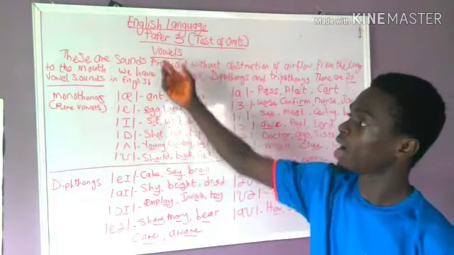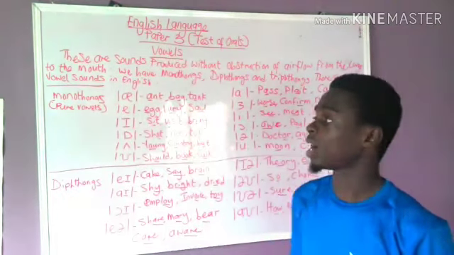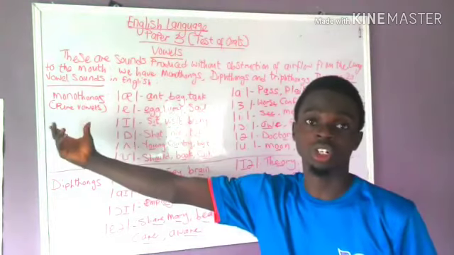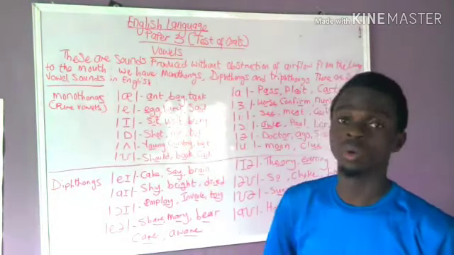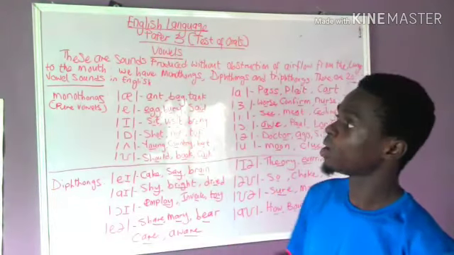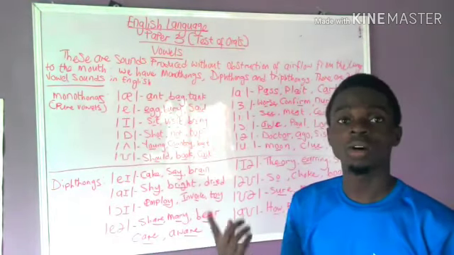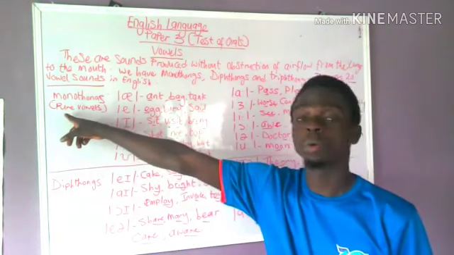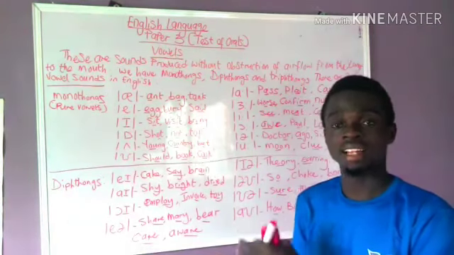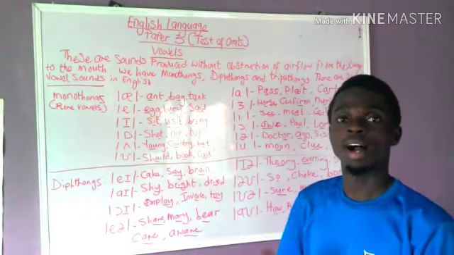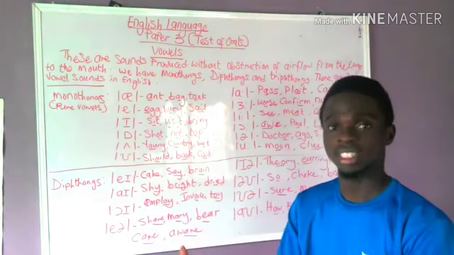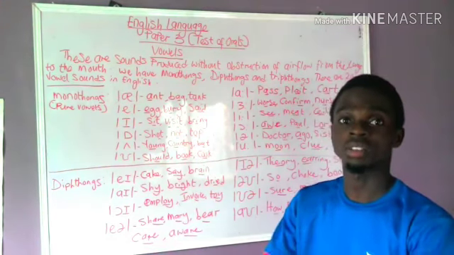And when we talk about vowels, these are forms or variants of vowel sounds. So that means this is the production of a single vowel sound. We do not glide to another vowel sound. So mono means one. It's the production of a single vowel sound. That's why they are called pure vowels. We do not glide from one sound to another or combine one sound with another. It's just the production of a single vowel sound.